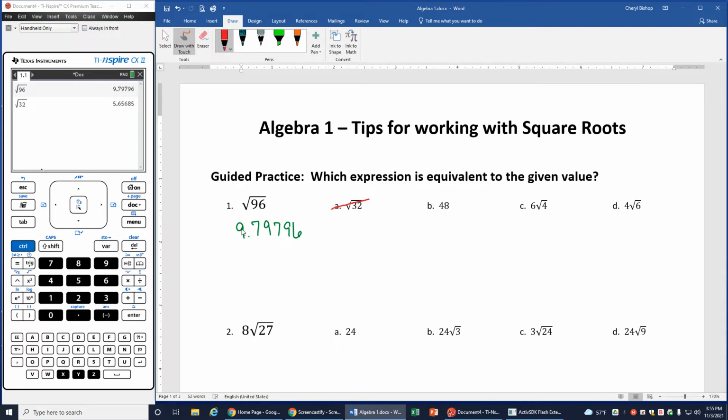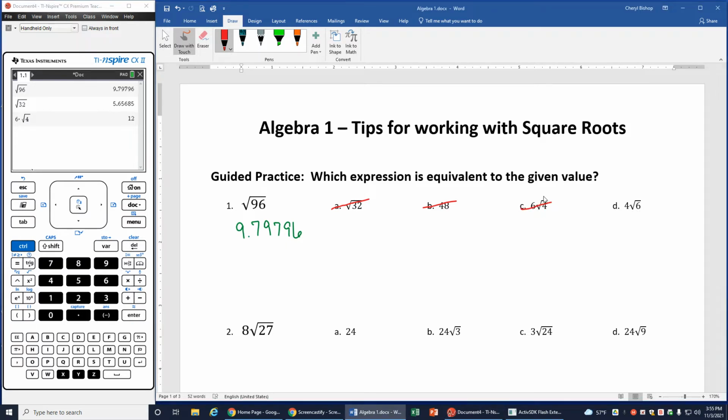Well, we know it's not 48 because it's 9.79796, so I don't have to even look at that one. 6 square root of 4, so I'm going to hit the control and the x squared so I can see my square root of 4 gives me 12. So that's not going to be the right answer because 12 is not the correct answer.